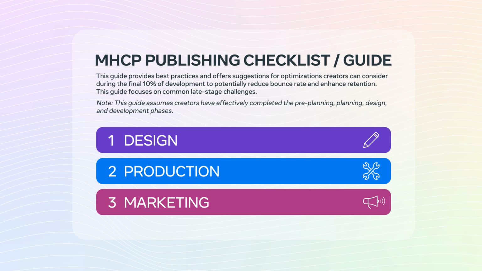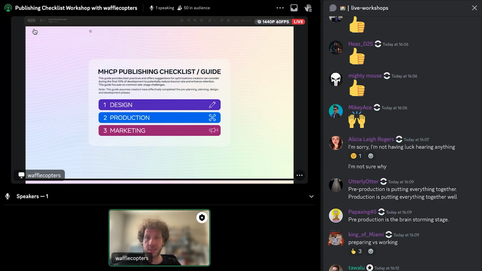And so anything you do to advertise to them, to organize them, to talk to them, to send them messages, to create a community space, all of that stuff is marketing. And so this third bucket is then all of the stuff you do outside of the world itself to help it be successful.